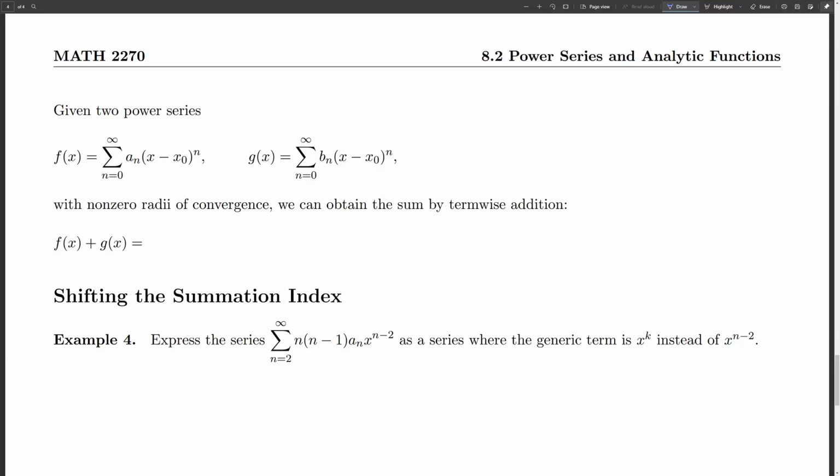In the final video for this section, we'll look at another property of power series that will help us solve differential equations using power series.